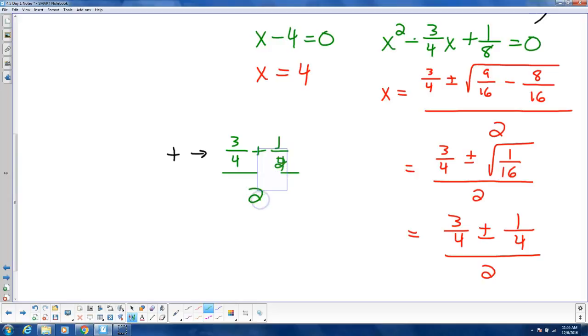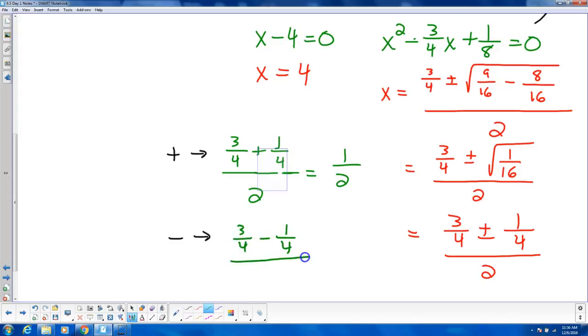Divided by 2 there. Okay, so then that's 1 divided by 2, correct? So that's 1/2. Now let's do minus. 3/4 minus 1/4 is 1/2, right? 1/2 divided by 2 is 1/4.